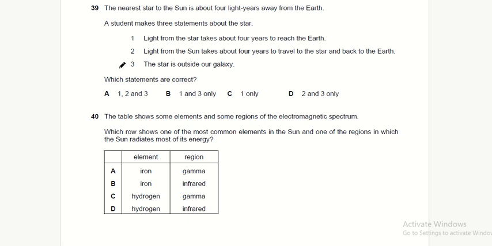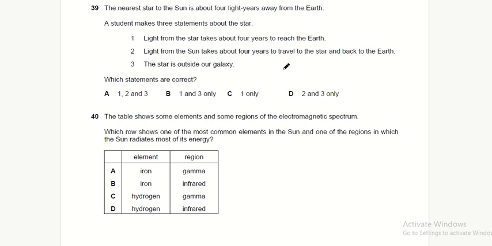As the star is about 4 light years away from Earth, light from it takes about 4 years to reach the Earth. It is not to go to Earth and back.